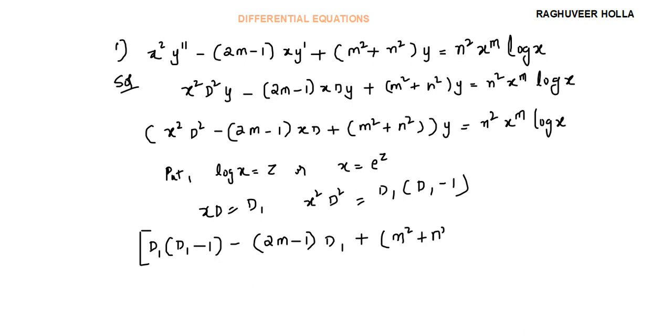So this whole thing is multiplied by y, and you have n square which is constant here, so n square is kept like that, and you have x as e to the power of z, to the power of m, and log x as z. Let us try to simplify this.